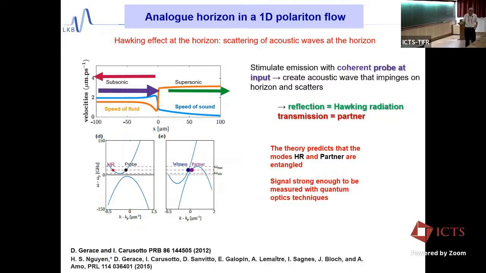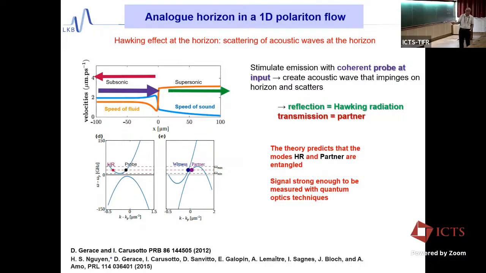And these are the Bogoliubov dispersion relations for the subsonic and supersonic regions. We can see here that the ghost branch is pushed toward positive energy due to the Doppler effect. So if you put the probe here, we generate the partner here, which is transmitted, and the Hawking radiation, which is reflected.